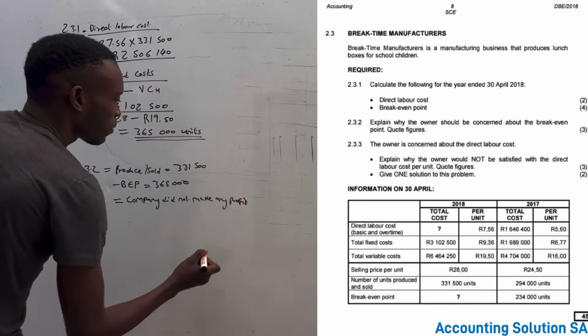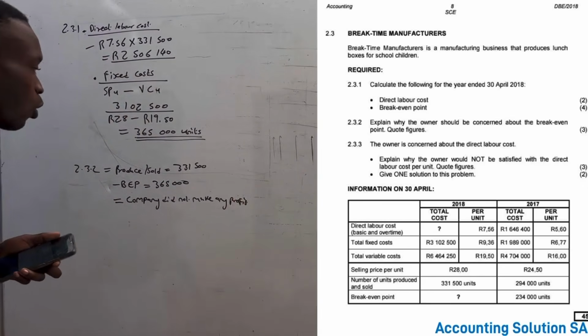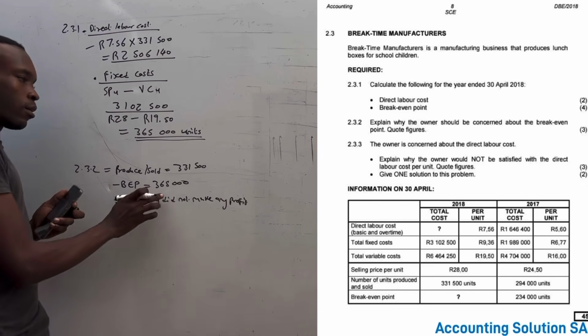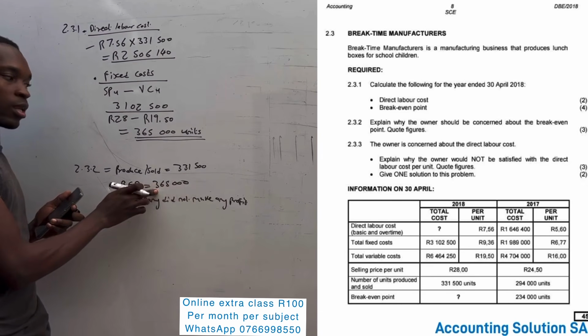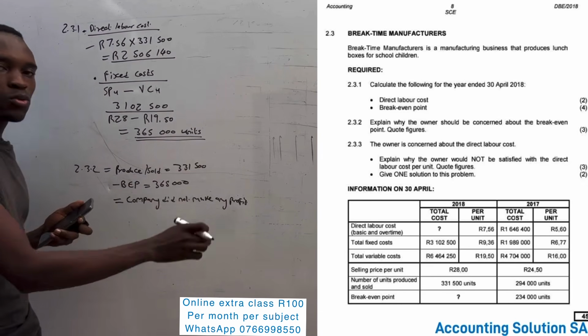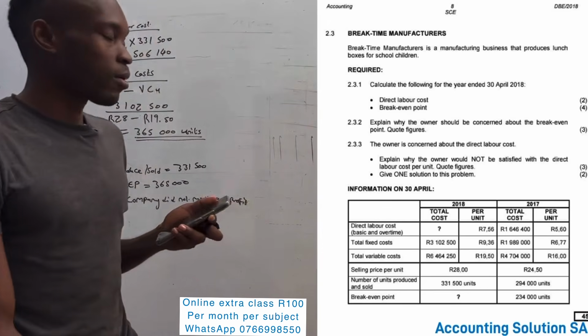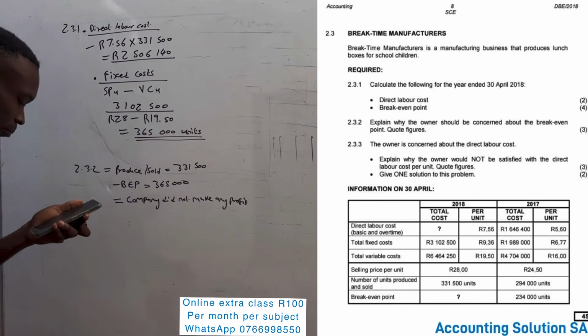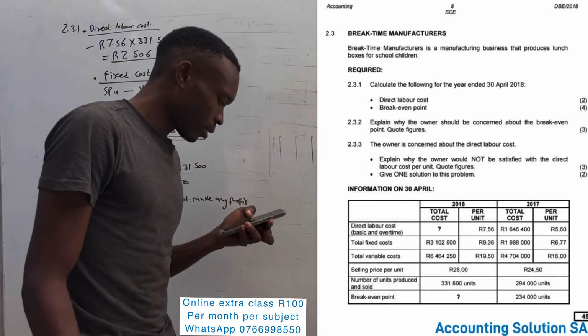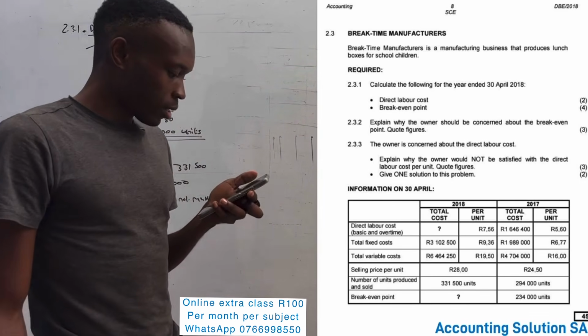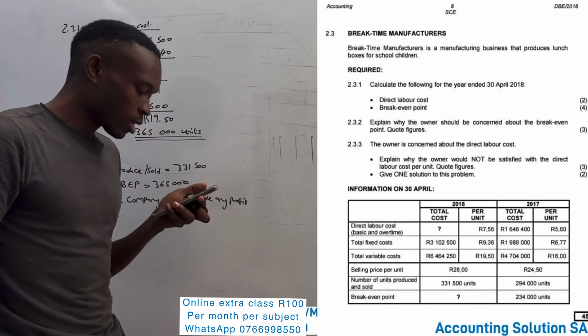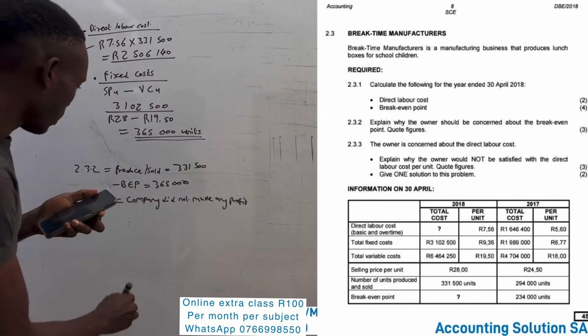In other words, the company has made a loss, because the no profit, no loss point is 365,000, and they produced and sold below. So obviously, the owner is going to be concerned about this. Okay, the next one. The owner is concerned about the direct labor cost. Number one.